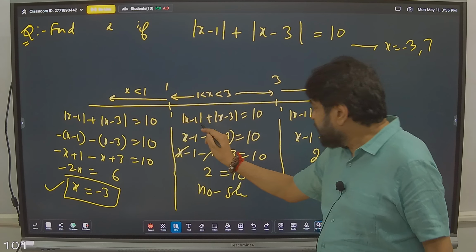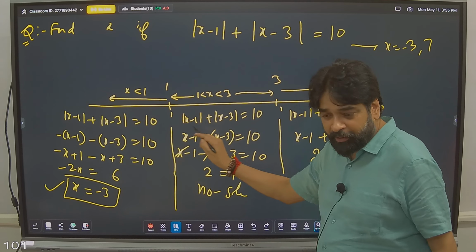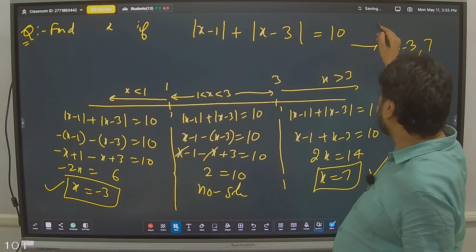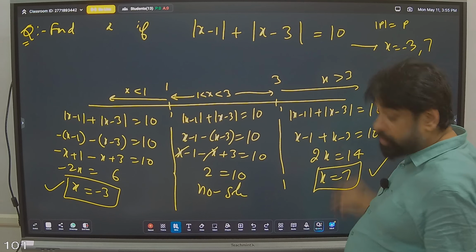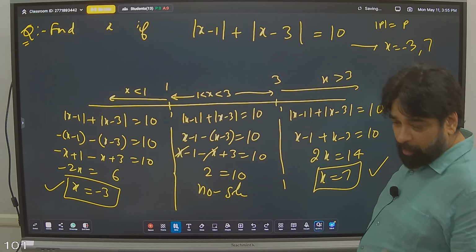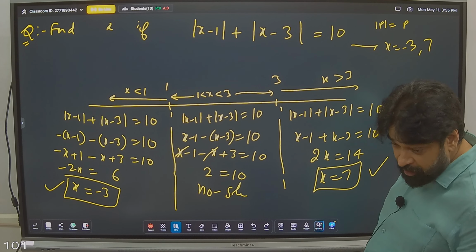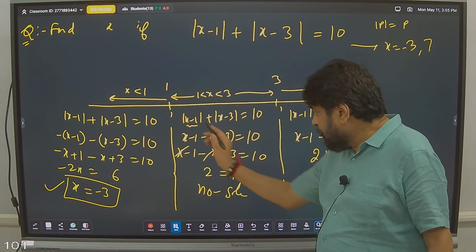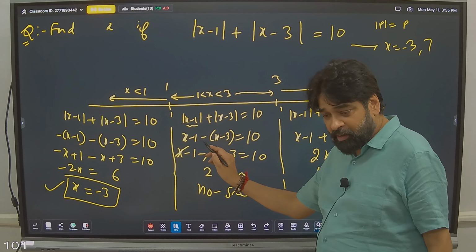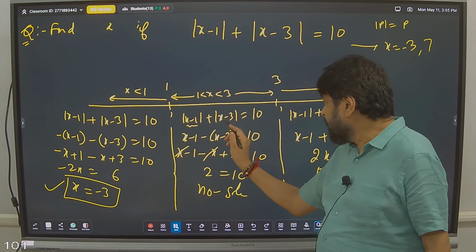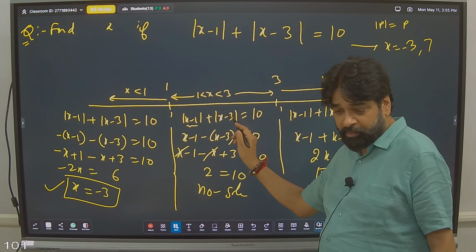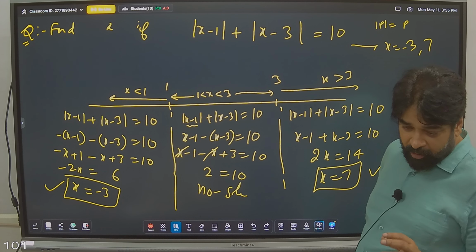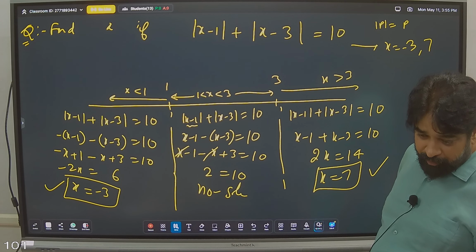So if x is greater than 1, is this quantity positive or negative? Positive. So mod p equals p if p is positive. Mod p equals minus p if p is negative. So this is a positive number, so mod is directly removed, x minus 1. And x is less than 3. So is this positive or negative? If x is less than 3, is x minus 3 negative or positive?